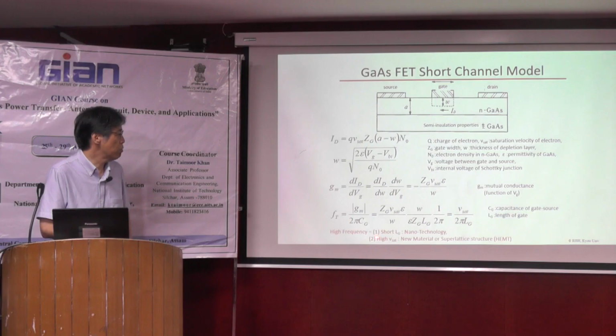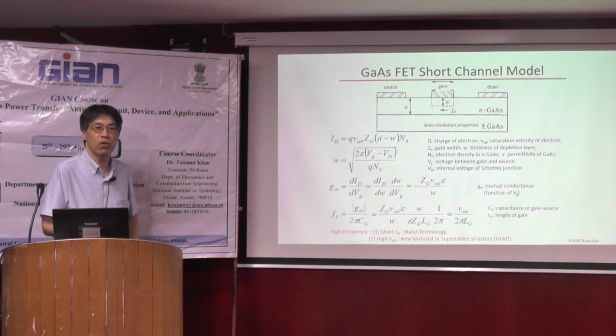To increase the saturation velocity, we need a new material, as I mentioned. So instead of gallium arsenide, for example, we need gallium nitride, etc.